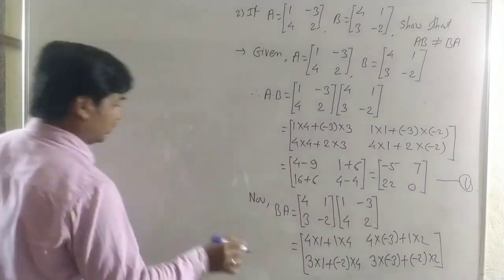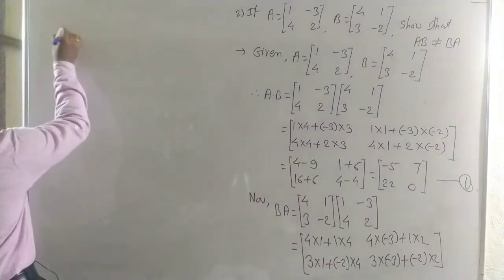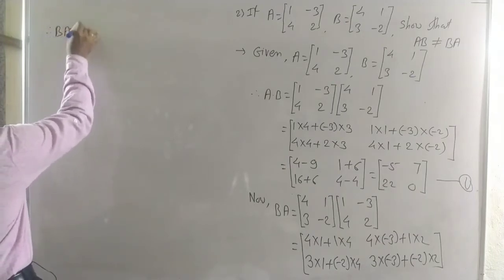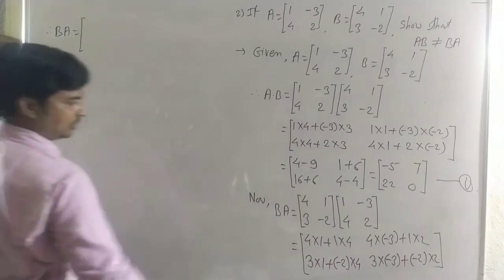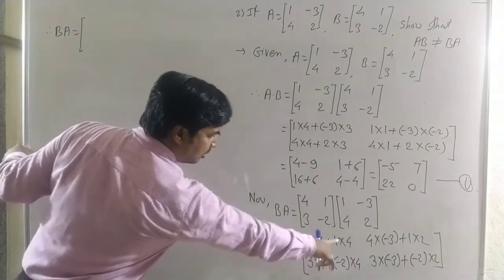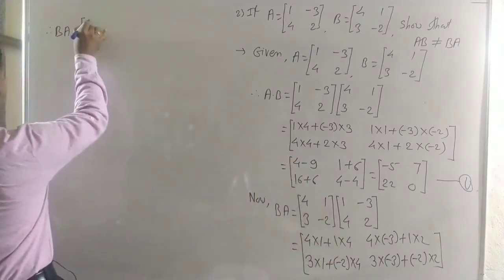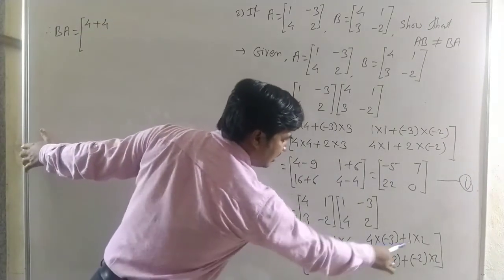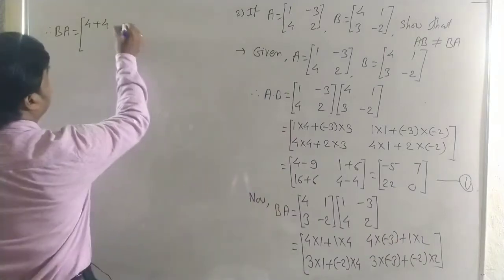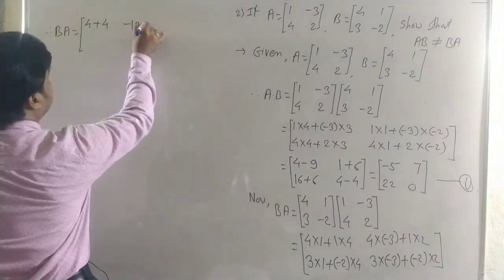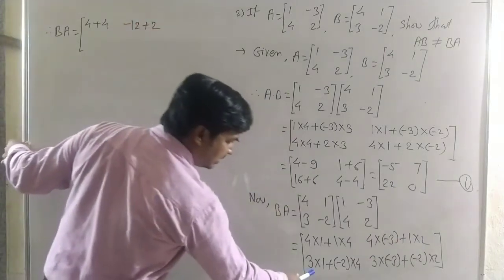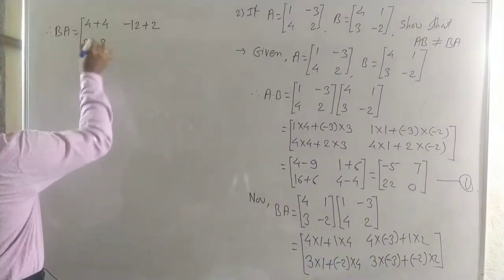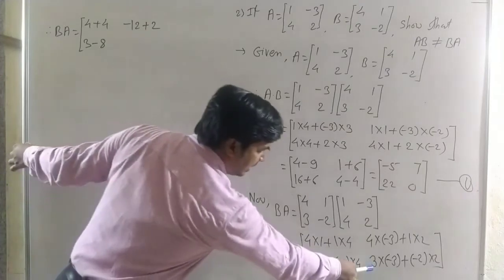Now we take the calculations. Therefore BA is equal to 4 plus 4, then minus 12 plus 2, then 3 minus 8, and then minus 9 minus 4.